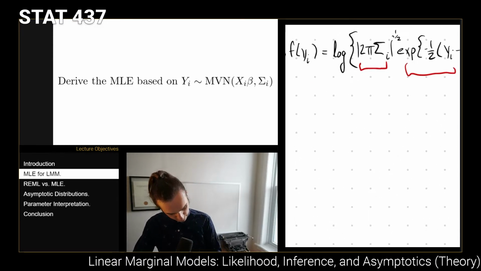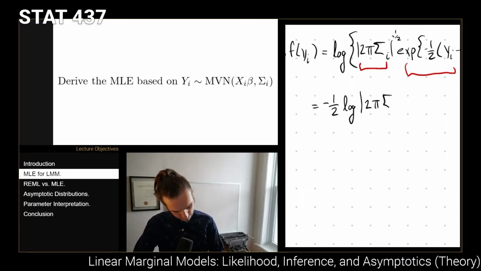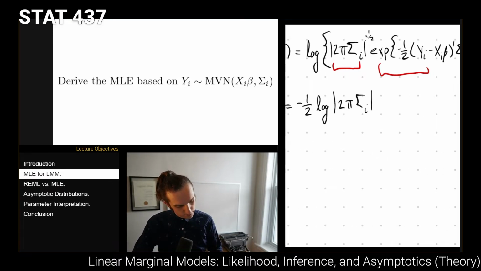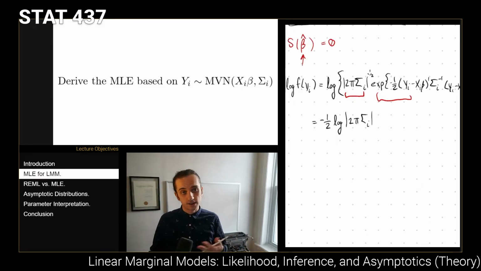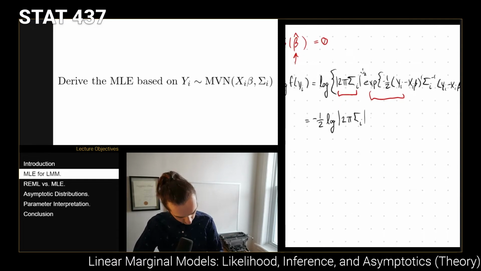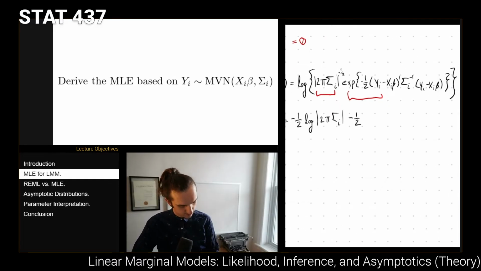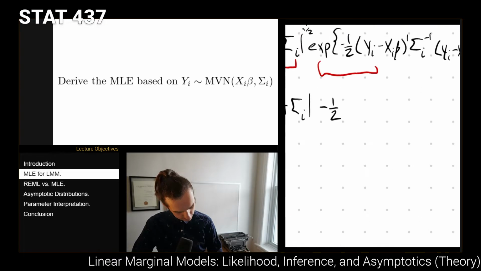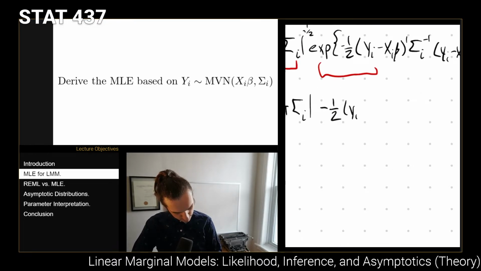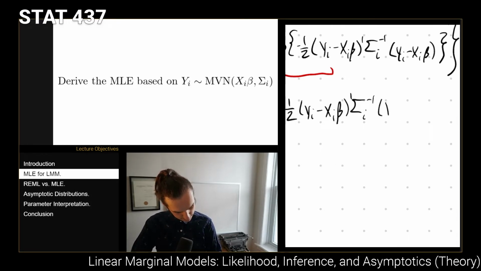So this first term would be the log of the determinant raised to the power of -1/2. You can pull the -1/2 out front, and then we have the log of this determinant, 2 pi sigma I. And when you take the log of this exponential function, the log and the exponential cancel each other out, and we're left with -1/2 and then this quadratic form here: yi minus xi beta transposed sigma I inverse yi minus xi beta.